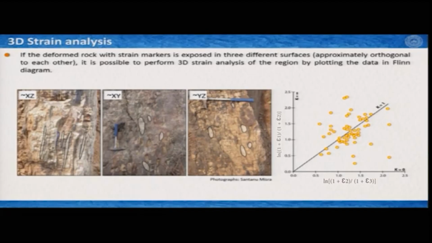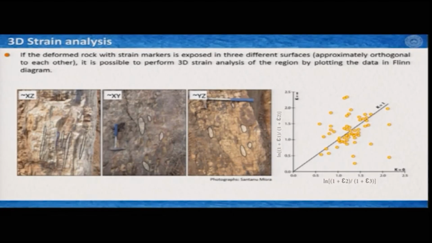Now, here I have 3 photographs of a place we commonly go to with our students for undergraduate field training. This is near the Singhbhum shear zone, behind the Rakha mines, and there you have a marker layer of deformed conglomerates, and this place nicely exposes the 3 different sections.